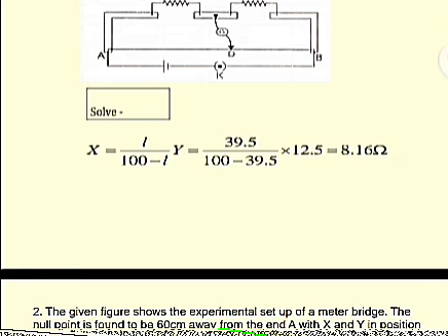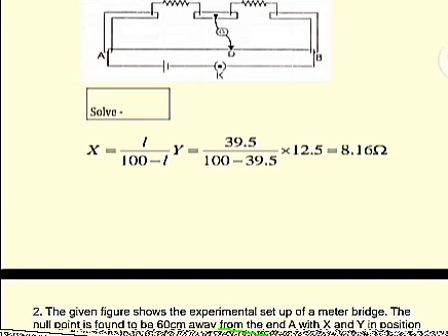When the resistance of 15 ohm is connected in series with Y, then what happens? X upon Y plus 15 is equal to L upon 100 minus L. According to the question, the balancing length shifted toward A by 10 centimeter. It means in the previous condition the balancing length is 60 centimeter, now it is 50. Then 100 minus 50 is also 50.